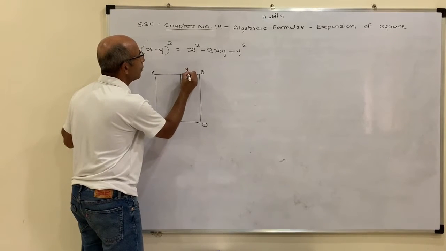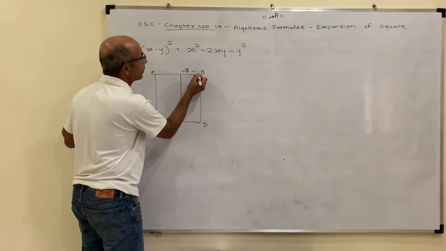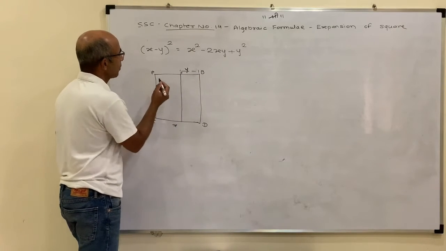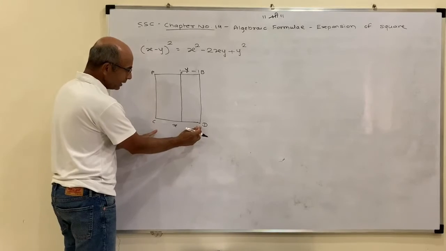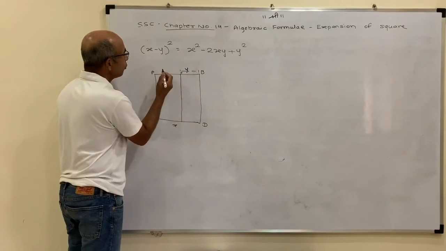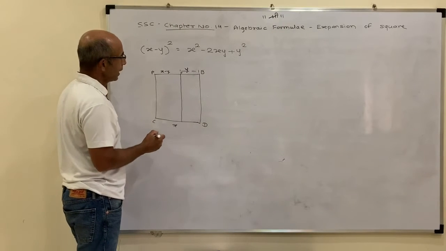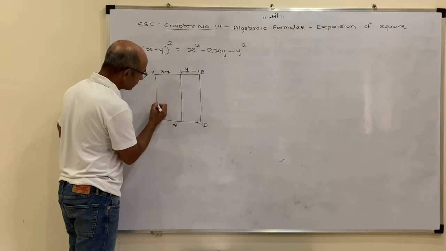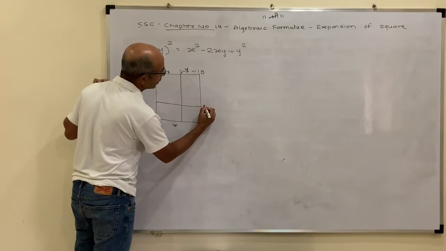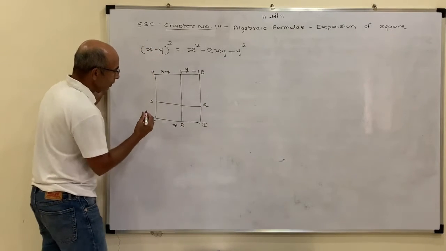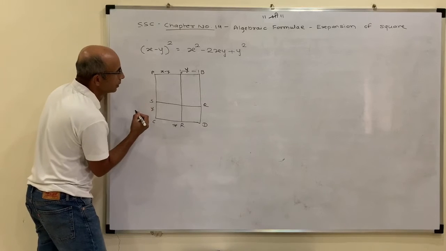This distance is Y, so B to P is Y. So my A to P distance will be, total distance is X, so A to P distance will be X minus Y. Again, from here, I take the distance Y. I say Q, this is R and this is S. So this distance is Y.